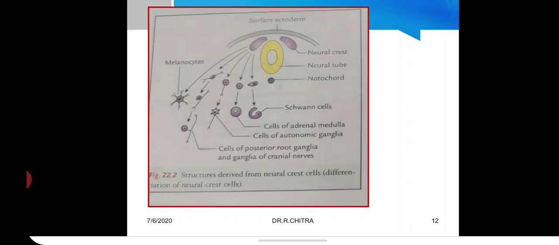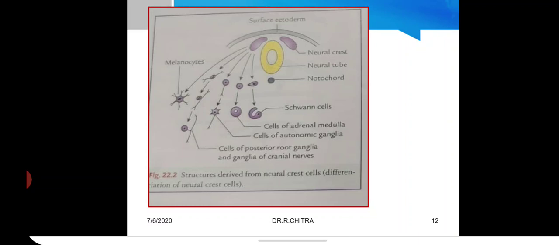The derivatives of the neural crest cells are many. The main derivatives are Schwann cells, cells of the adrenal medulla, cells of the autonomic ganglia, cells of the posterior root ganglia, and the ganglia of the cranial nerves.